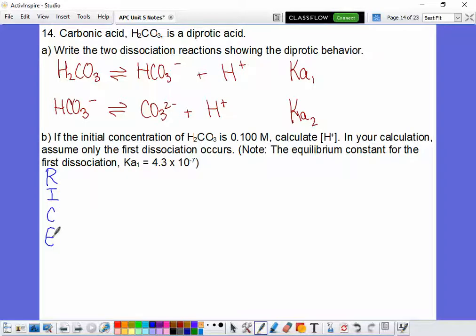Now remember, when we do Rice tables for weak acids and weak bases, the reaction is always going to be a Bronsted-Lowry reaction of that substance with water. So this is where we're going to put H2CO3 reacting with water. What are my products of that reaction?